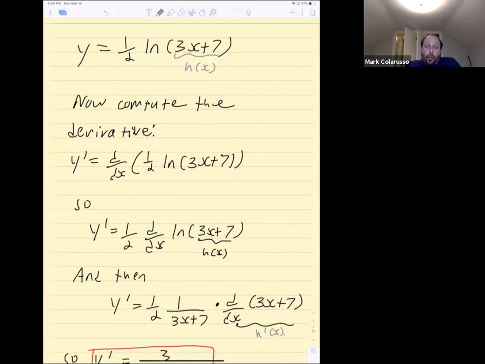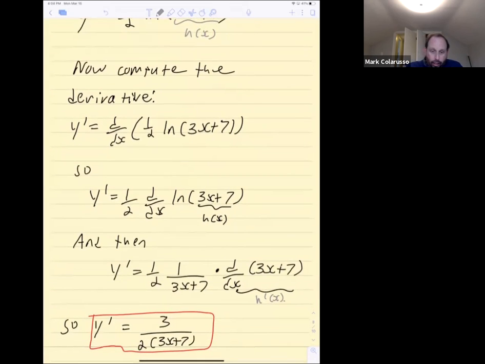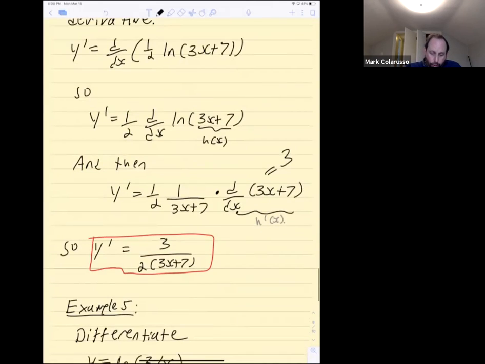And that's easy. The derivative of 3x plus 7 is just 3. So in the end, you get 3 in the numerator, and a 2 in the denominator, times 3x plus 7.